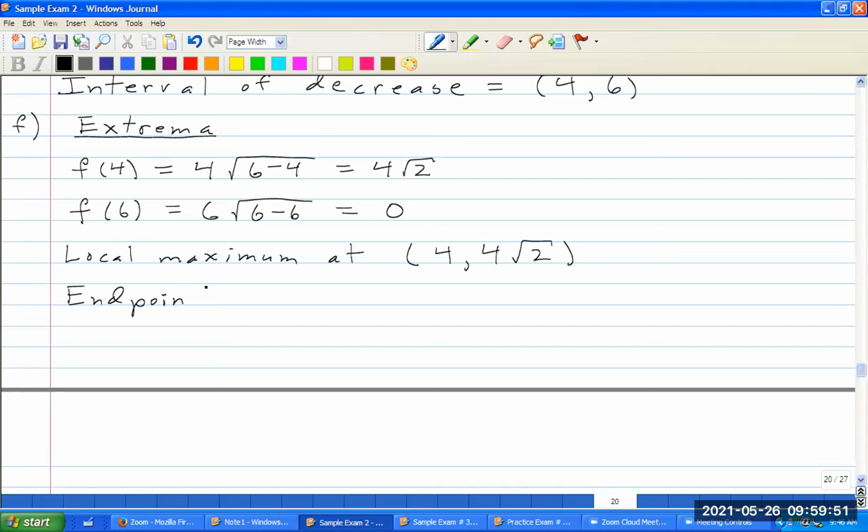So it's not really a minimum, it's just the fact that it ended there, because obviously you can't go any further. So it's an endpoint, it's not a real minimum, it's an endpoint minimum at the origin. Okay.